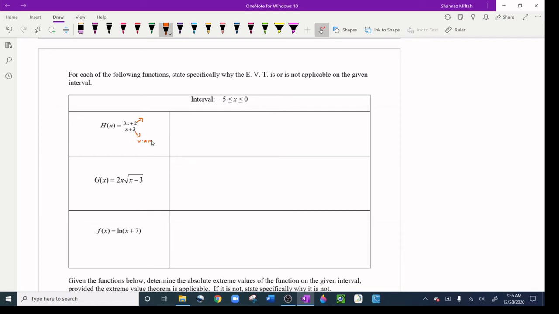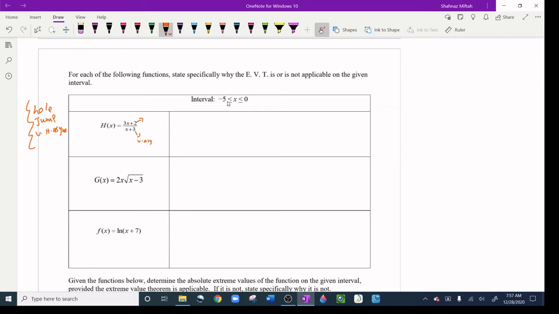If you guys remember the discontinuities, either it's going to be a hole, a jump, or a vertical or horizontal asymptote. These are the few things that we consider not continuous. So I don't see a hole, but I can see a vertical asymptote at -3.